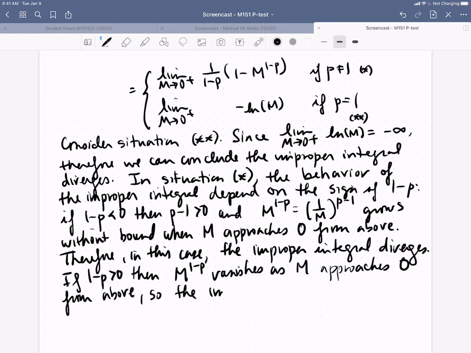So the improper integral converges. And I'll just emphasize, when 1 minus p is bigger than 0, that's the same thing as saying when 0 is less than p is less than 1, pulling in the original assumption that all our p's have to be positive for this theorem even to make sense.